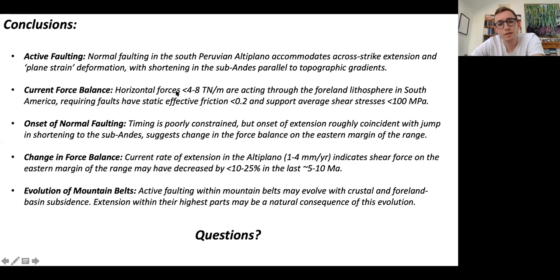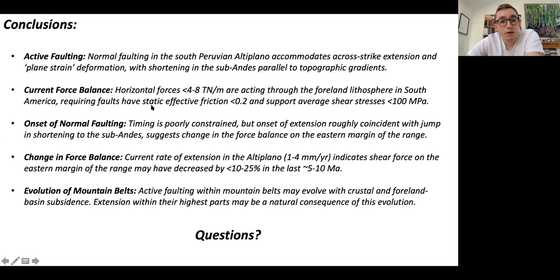Given that we don't really see the flat slab changing the dynamics of the modern day mountain range, as far as I can tell, it's difficult to understand why the flat slab previously would have changed the dynamics, the state of compression versus extension, within the ancient mountain range. That's an interesting thing to think about: we need to think more about what we can see going on above modern flat slabs if we want to invoke things about what happened above old flat slabs.